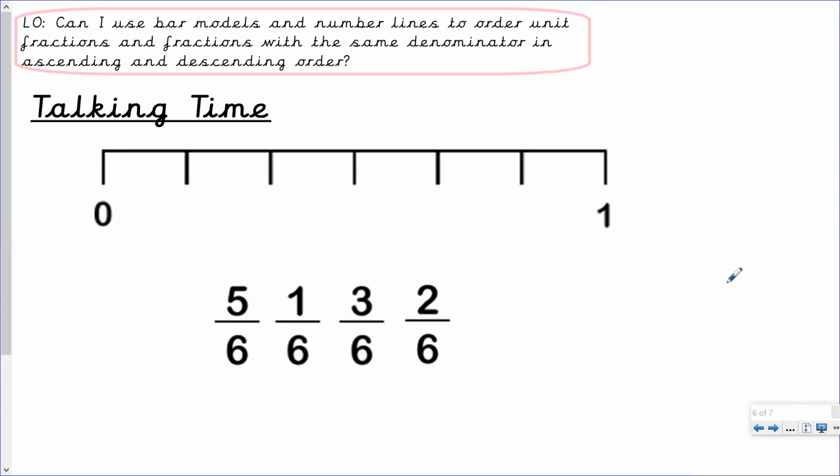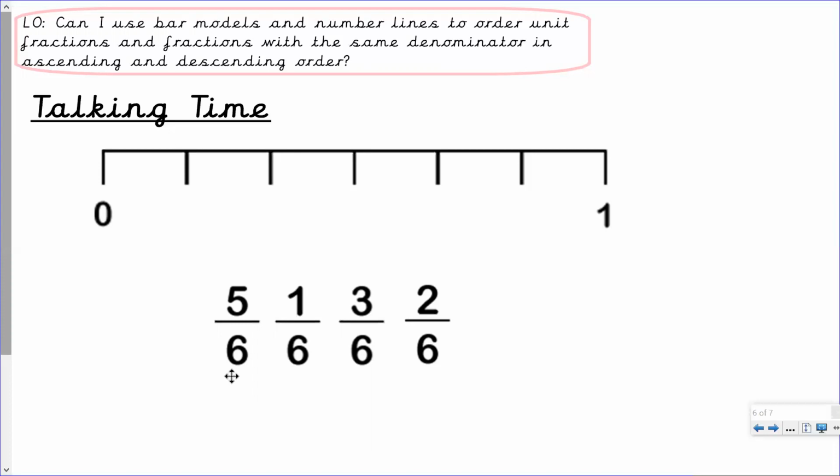Okay, can you quickly have a think? Where would these fractions go on the number line? Look at whether the numerators are the same or whether the denominators are the same. Okay, so we can see that all of our denominators are the same.